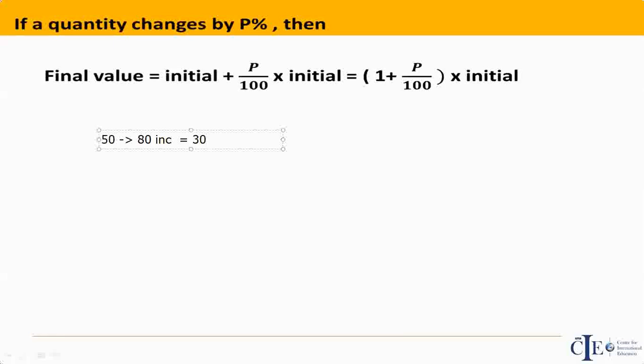So hence, the percentage part would be taken with 30 on 50. So how much is the percentage increase? It's increased by 30 on 50, equal to 3 by 5, that is 60%. So it increases by 60%.